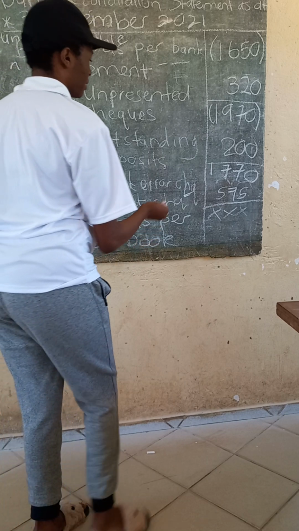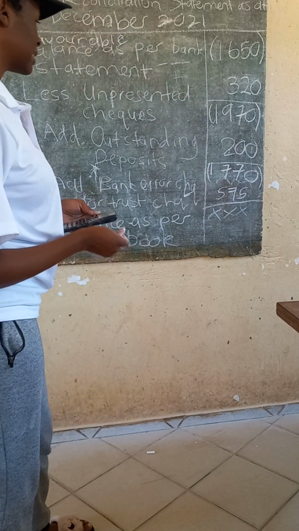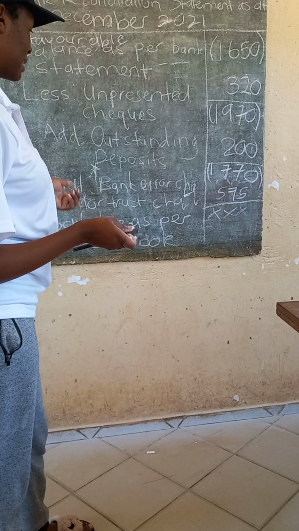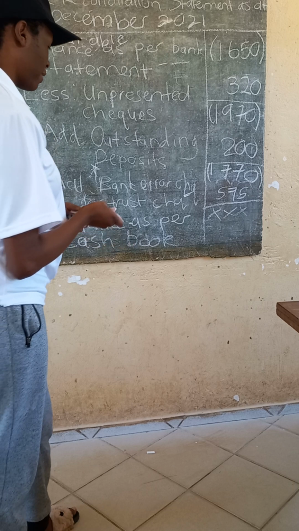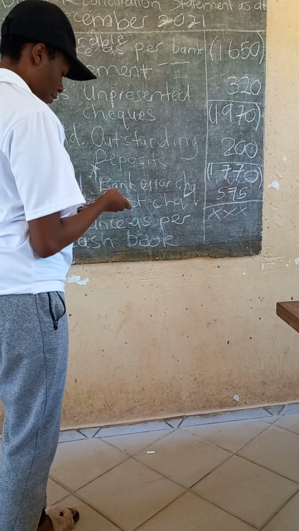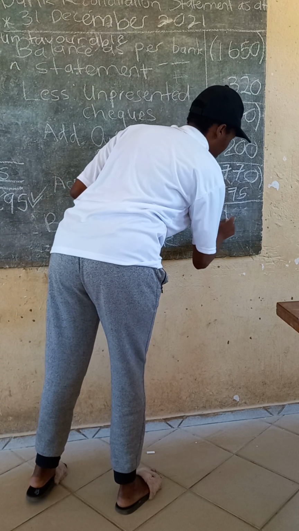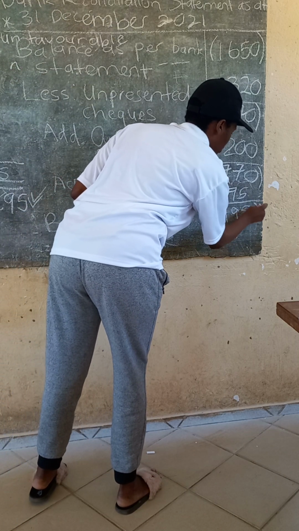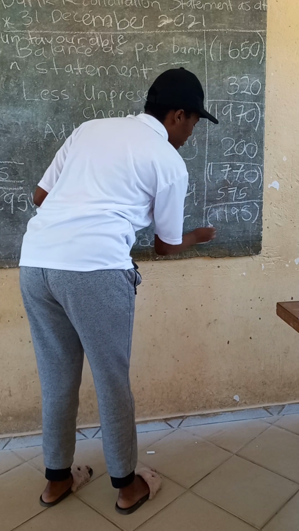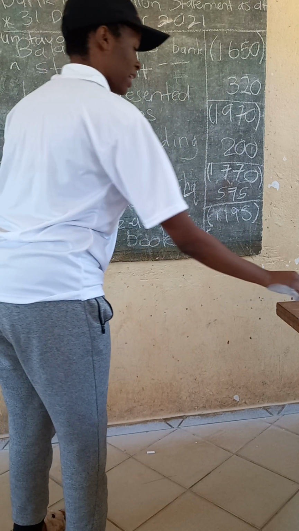Sorry, negative 1,770 plus 575 to get a negative 1,195. So this amount is almost similar to the cash book figure that we got.